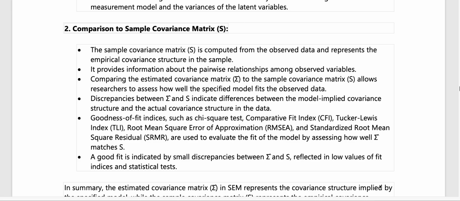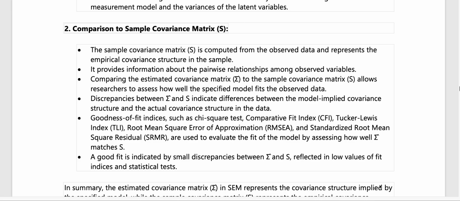The sample covariance matrix is computed from the observed data and represents the empirical covariance structure in a sample. It provides information about the pairwise relationships among the observed variables. Comparing the estimated covariance matrix, that is sigma, to the sample covariance matrix allows researchers to assess how well the specified model fits the observed data.